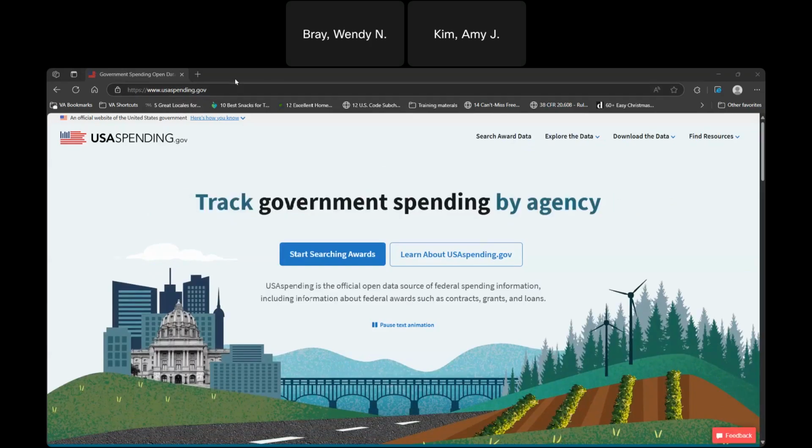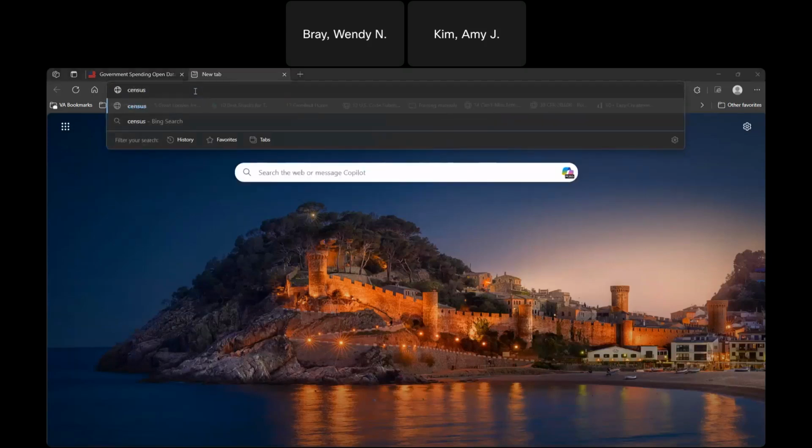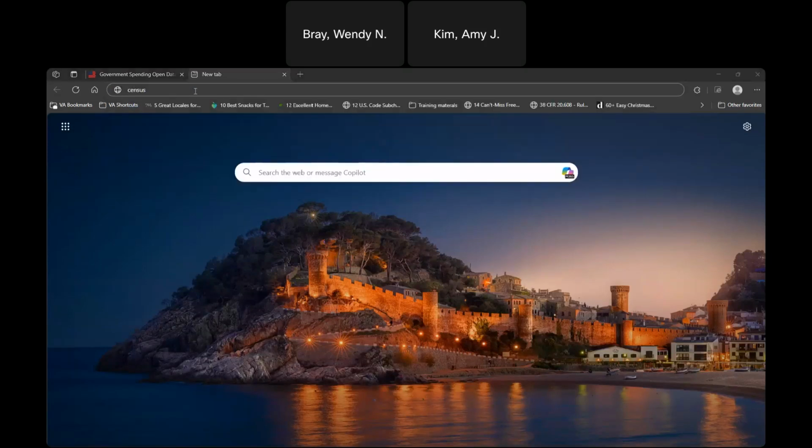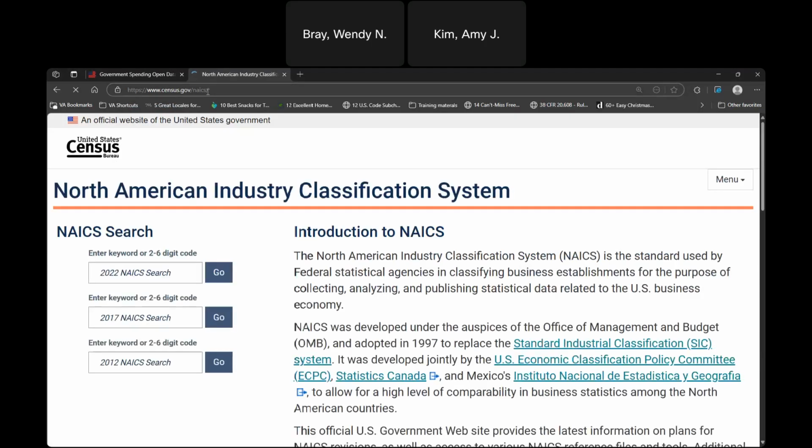I pulled 611430 from the chat, and then I pulled 511210 from the Q&A. So one of the things I want to do is go to the Census website, and type in 611430.